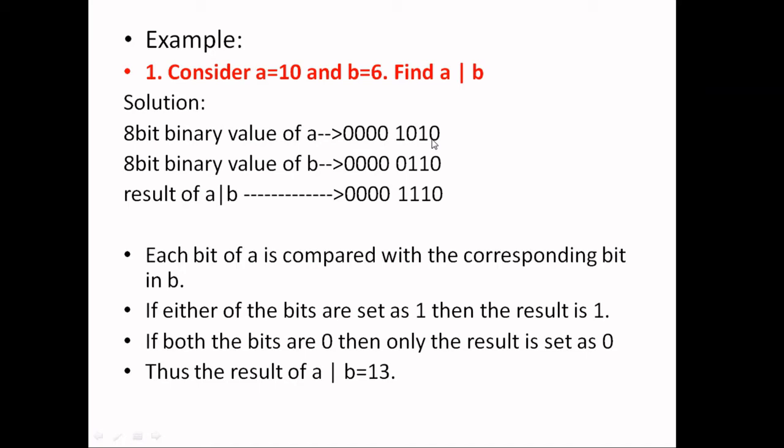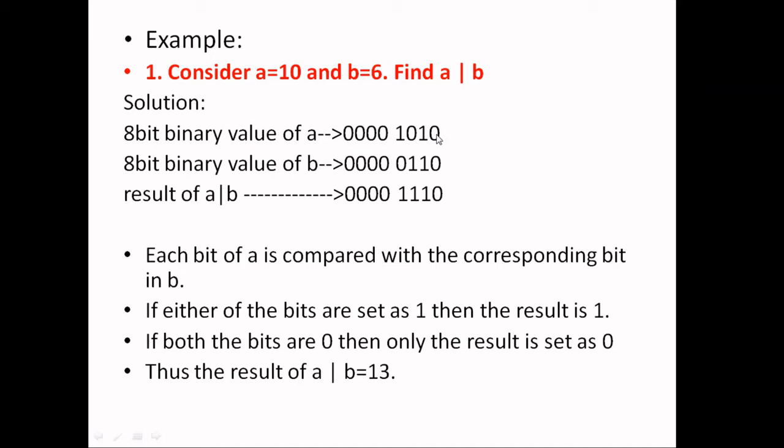Then the result of A OR B, bitwise OR, will be, if you recall, the only case in which the result will be 0 is 0 and 0. That is, both first bit and second bit are 0, then your result will be 0. So if you look at here, first bit is 0, second bit is 0, the result will be 0.